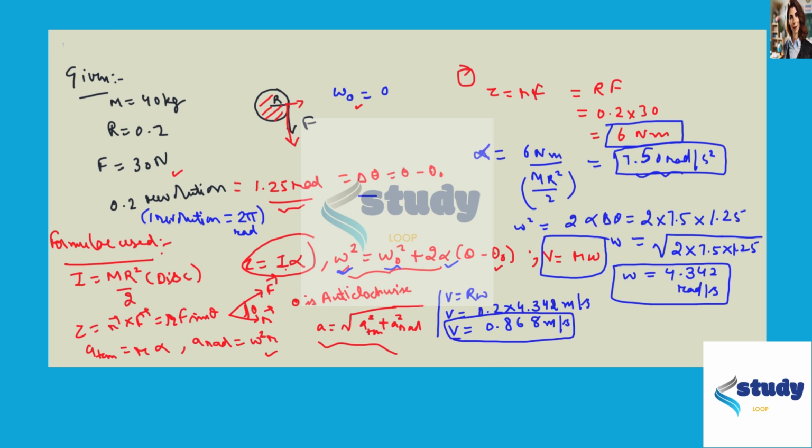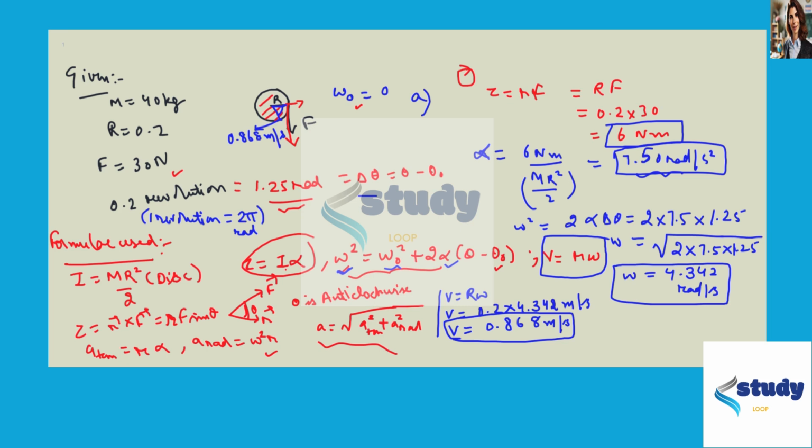So after making 0.2 revolution, the disk has moved this much angle, and the tangential velocity at this point is 0.868 meter per second. All right, so we have done part A.